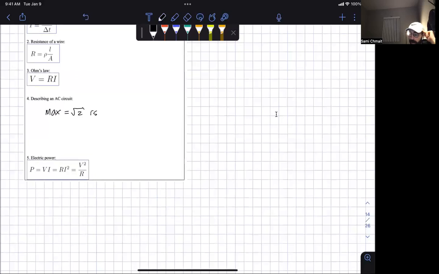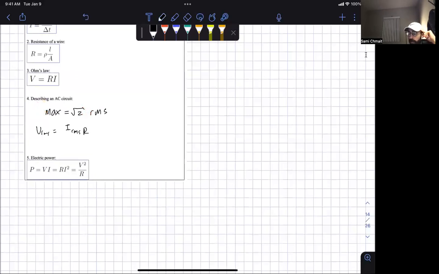So we learned about V RMS and I RMS. If that was a V here, that'd be the V RMS, or it can be the I here, the current. And the next thing that's important is V RMS equals I RMS times R. This is basically Ohm's law, but we're writing in the RMS values just to be clear.